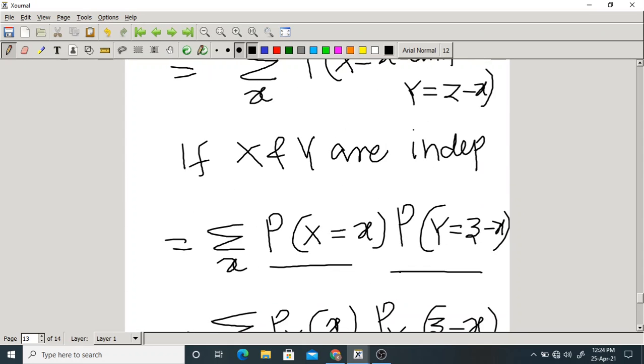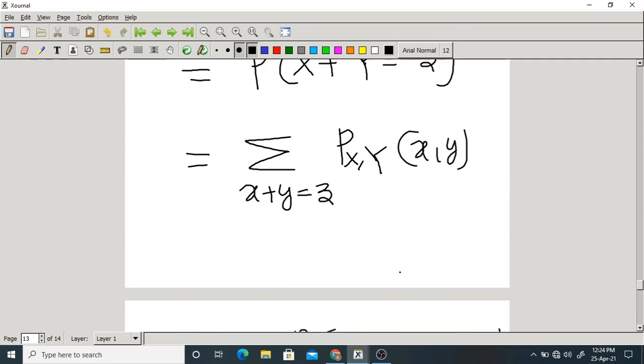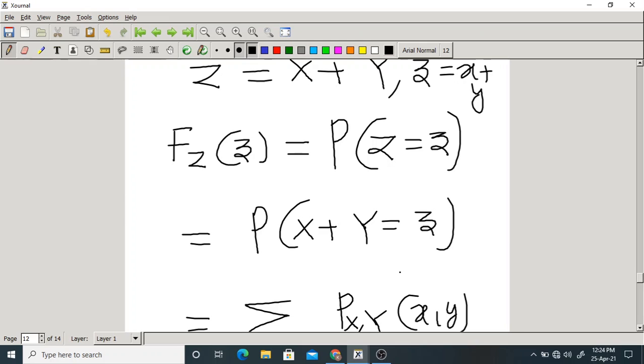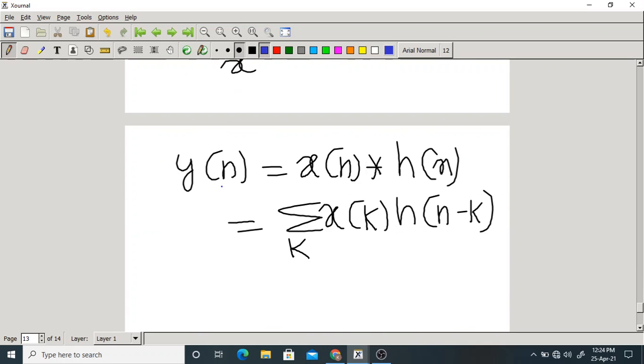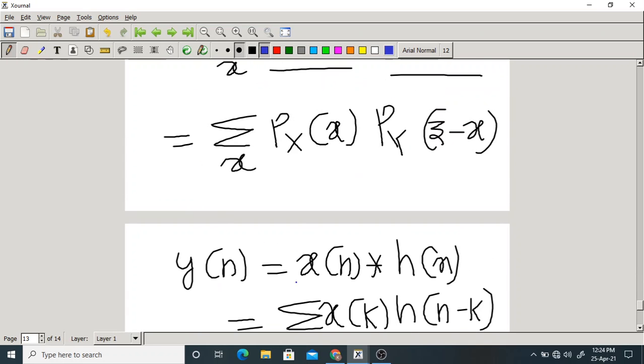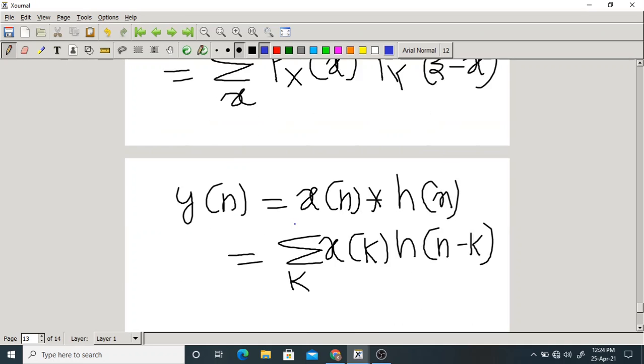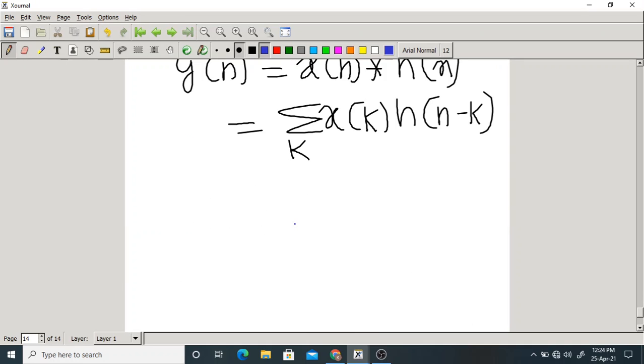So here I made a mistake, this is the PMF. Now you compare these two. It is also simply convolution. Is it okay? Now that is in the case of discrete random variables.